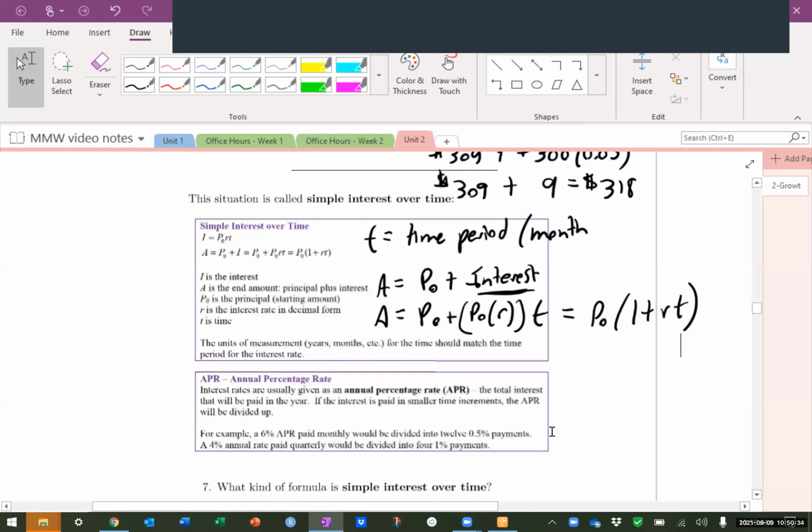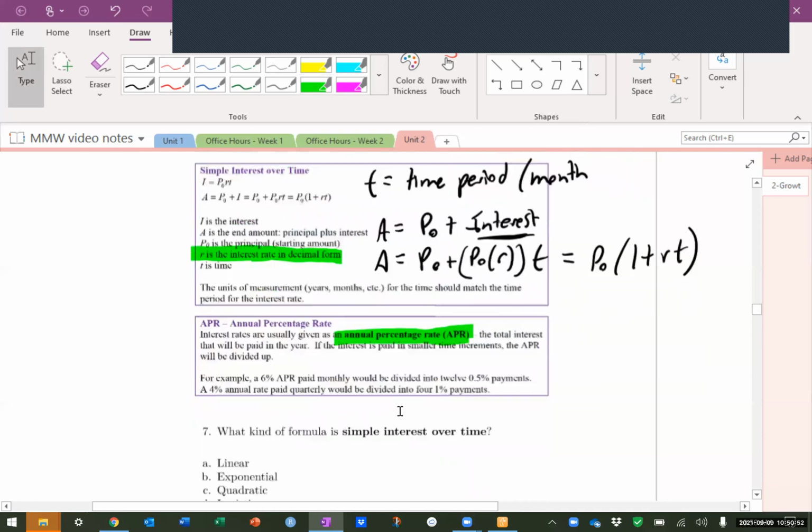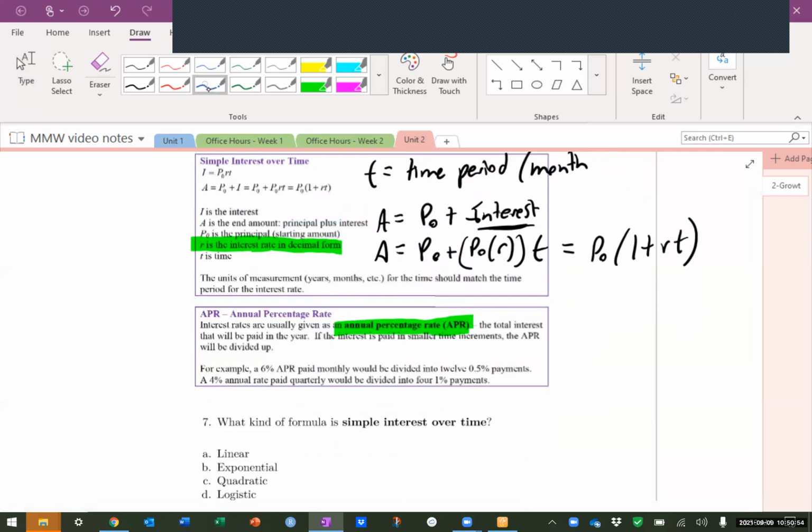So, here's a technical definition. This interest rate R, as a decimal, is called the annual percentage rate. Often it's listed as an annual rate. So if we're paying 6% annually, this is interesting, 6% annually means you're paying monthly 1/12 of that.